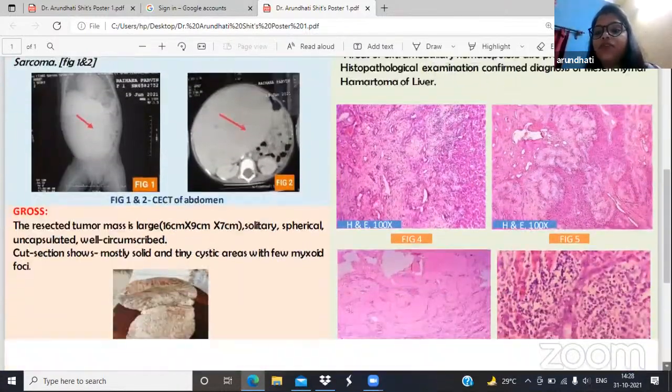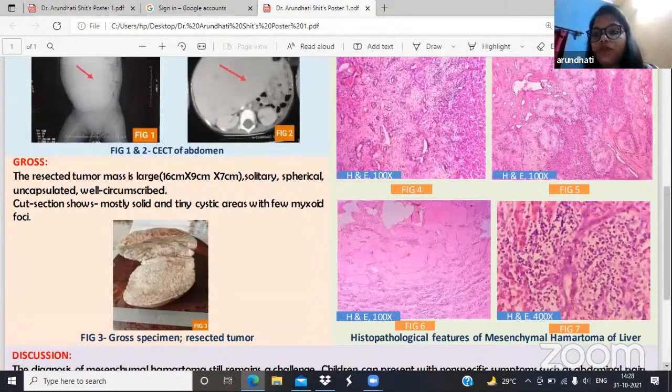Few areas of extramedullary hematopoiesis are also seen. Seeds of proliferative hepatoblasts are also seen. Few cysts filled with eosinophilic material are also seen. The histopathological examination confirms the diagnosis of mesenchymal hematoma of liver.